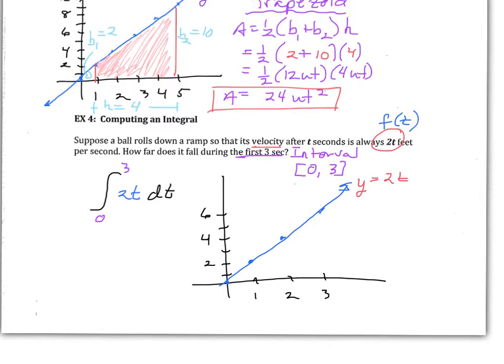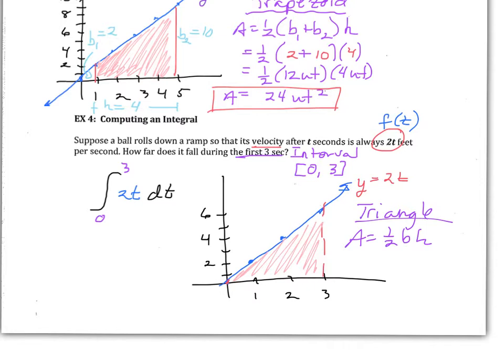And then I have to go from 0, well here's 0, to 3. So this time my shape is what shape? This time it's a triangle, right? What's the area formula for a triangle? Area equals 1/2 base times the height.